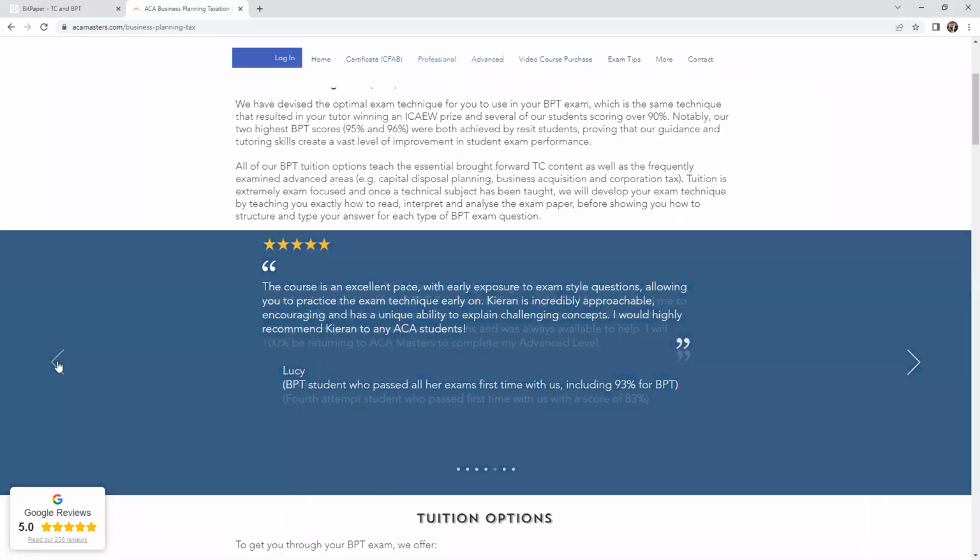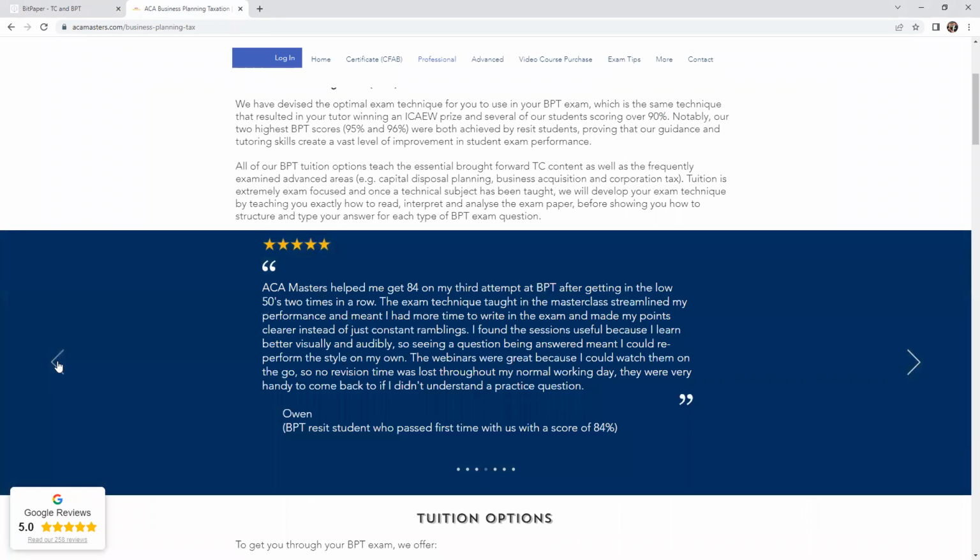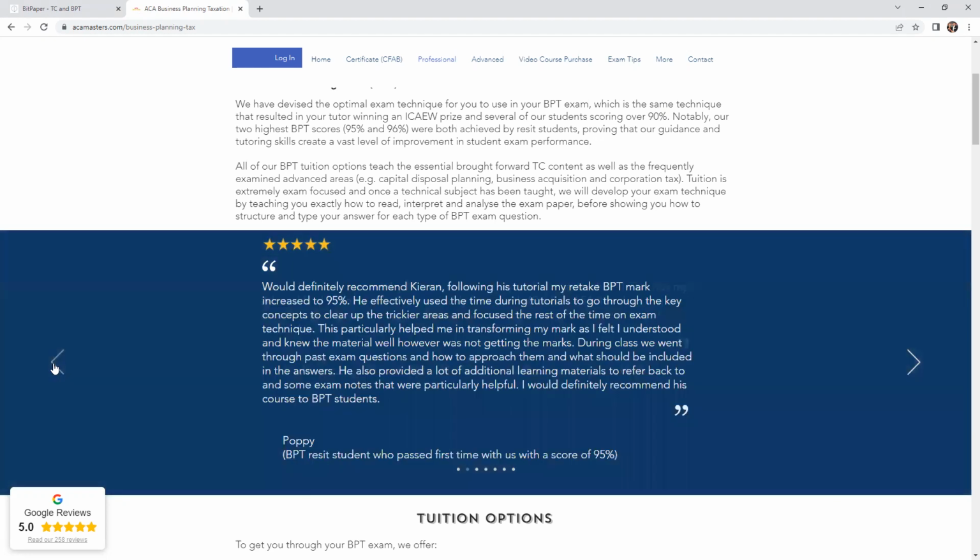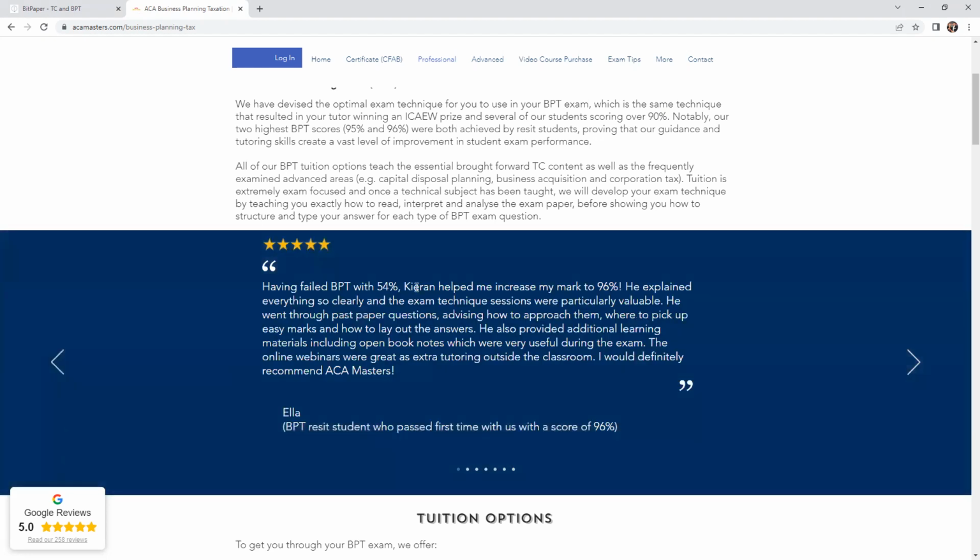And you'll see that we've had several students who have scored really high marks, high 80s, high 90s. And they all say it's about exam technique, getting the easy marks every time. We've had students going from failure marks up to top marks, like 96%.